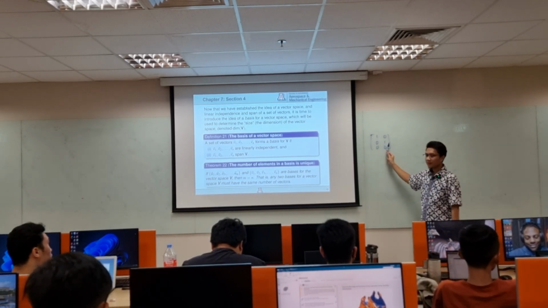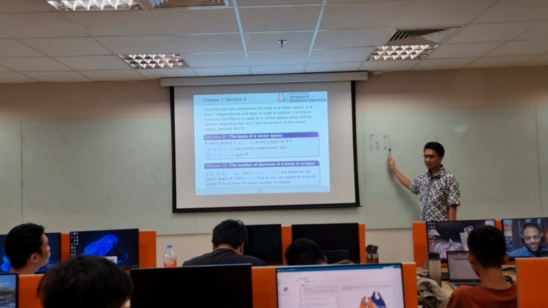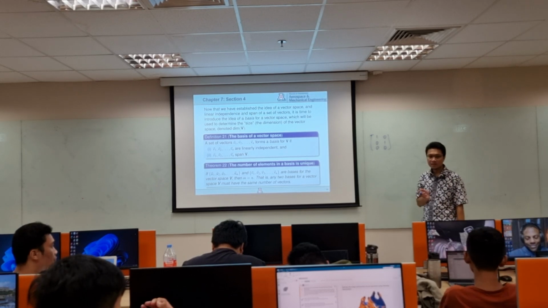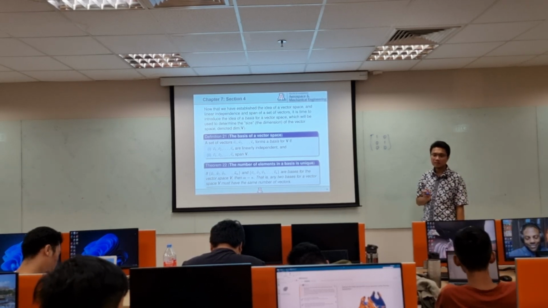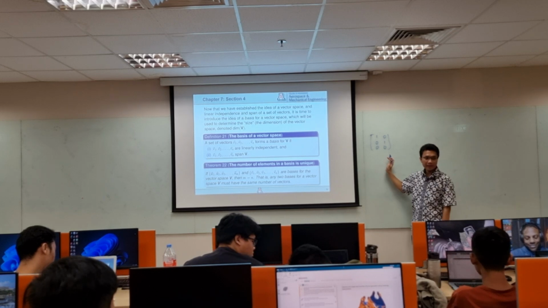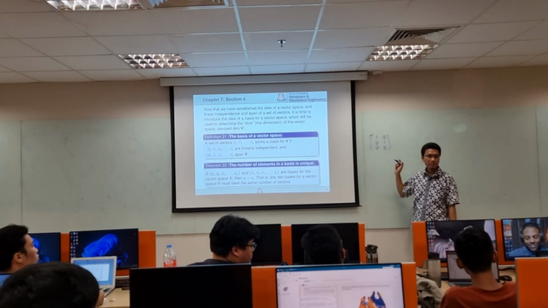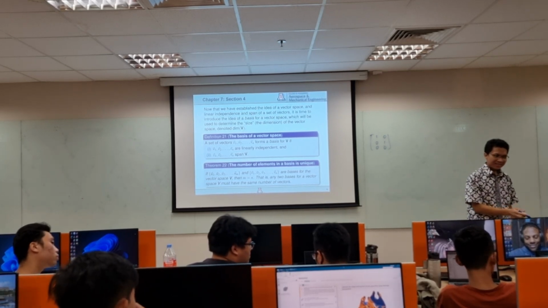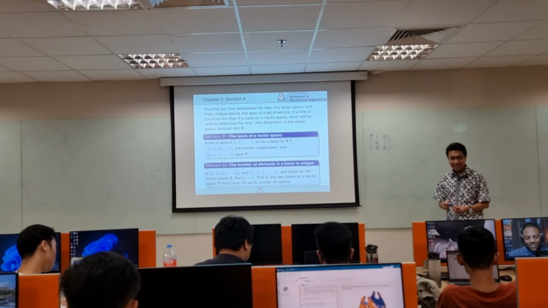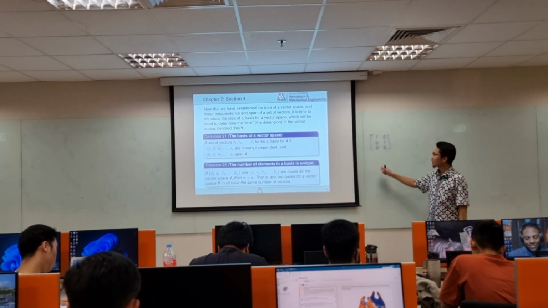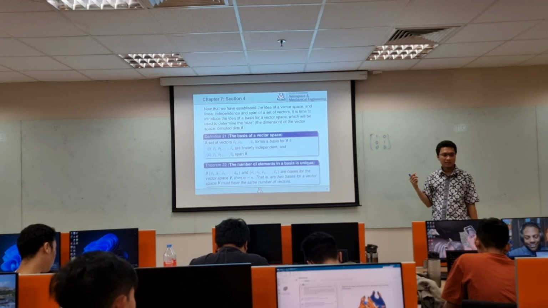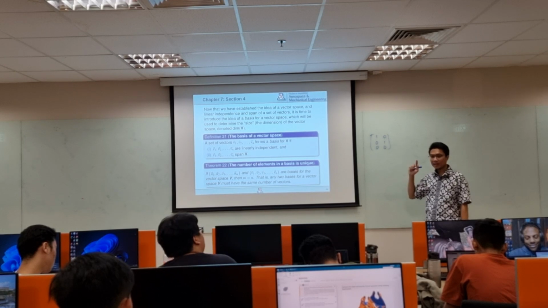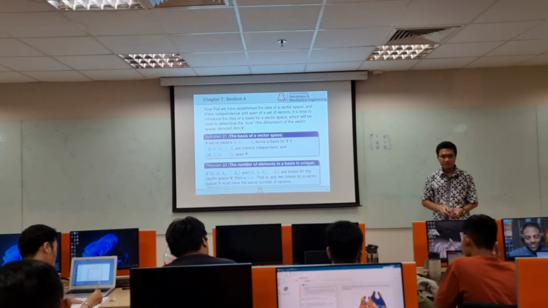So the columns are linearly independent. However, do these columns span R3? Now you understand span. So it's correct that these 2 columns do not span R3. That means these 2 vectors cannot form the basis for R3.